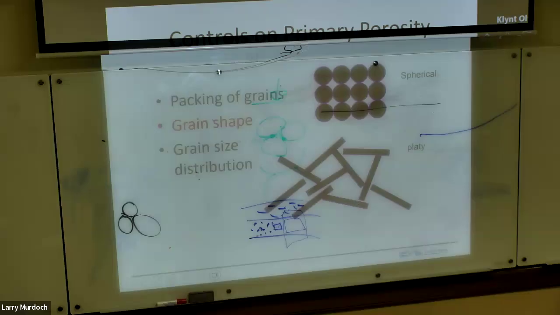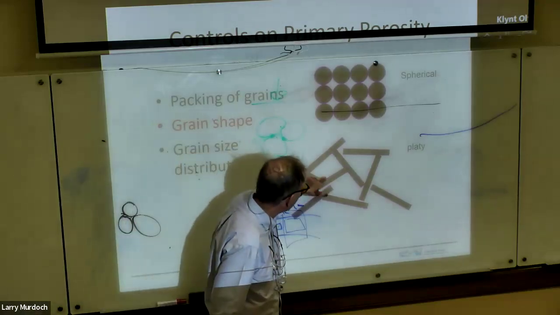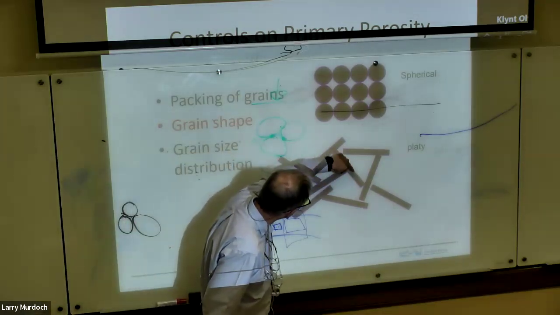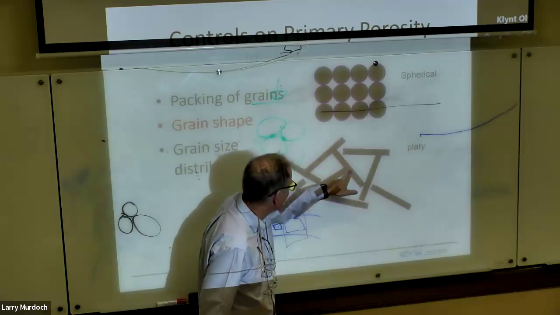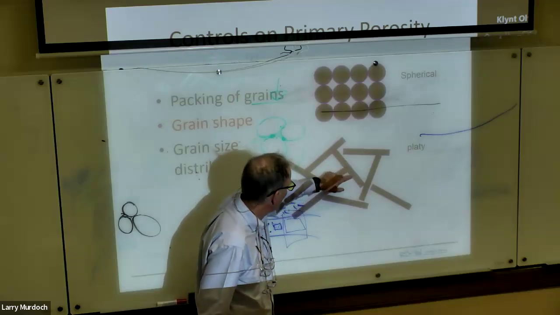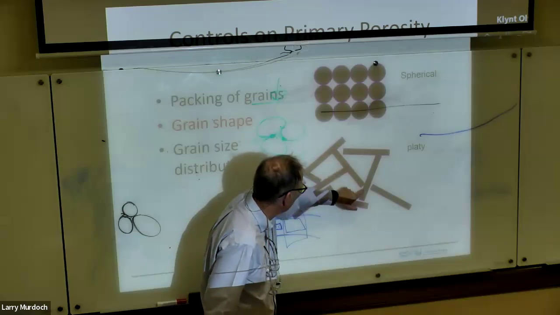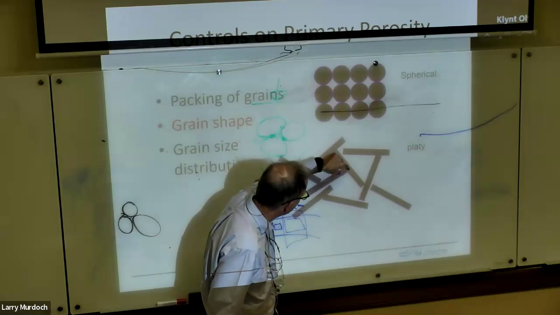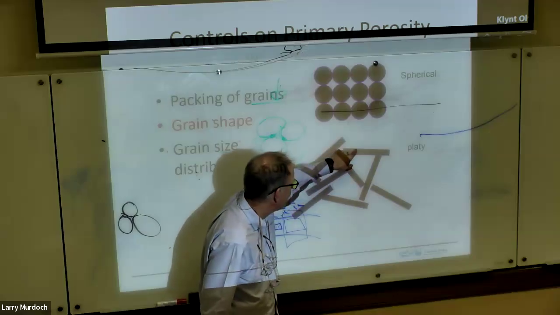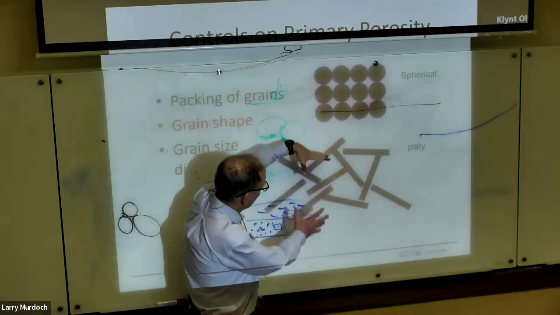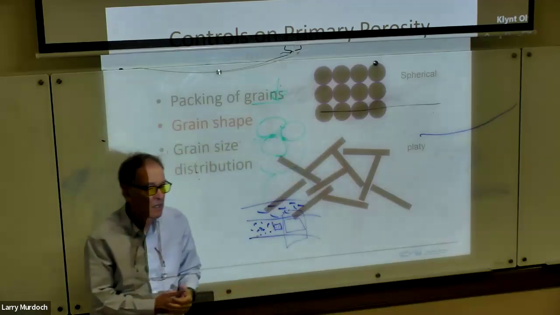And with platy minerals, in particular clays, which are charged, the surface of the clay has a negative charge and the edge has a positive charge, so they tend to stick together like that. And that makes a very loose structure.